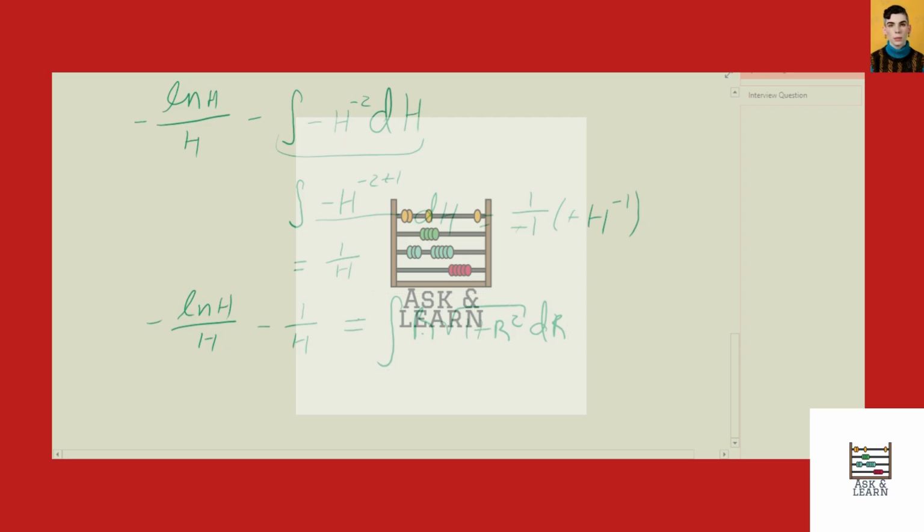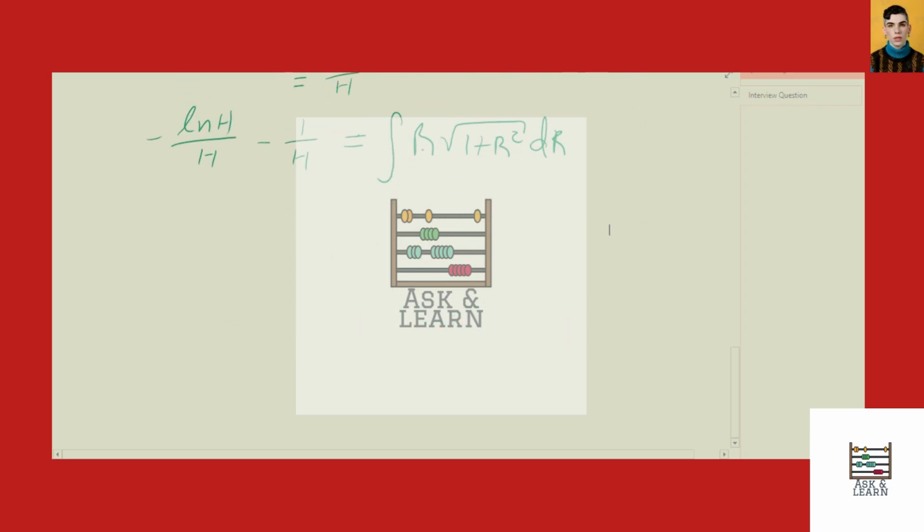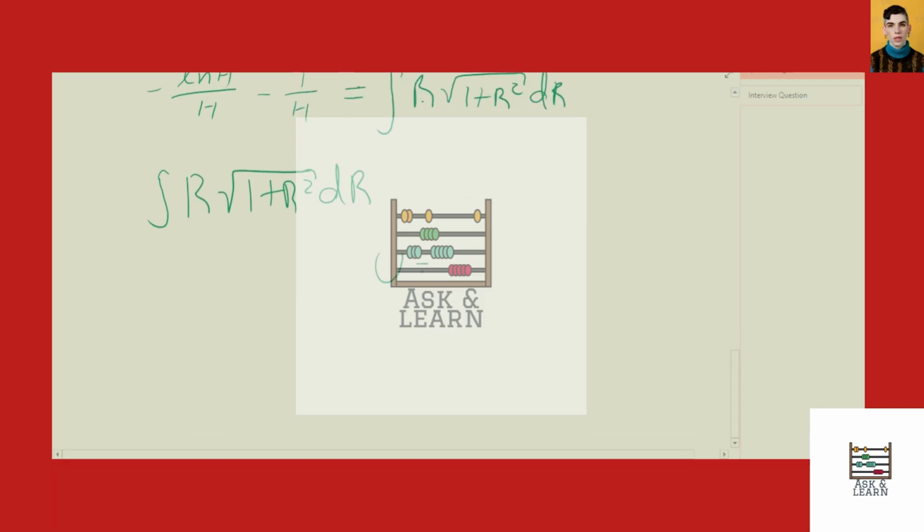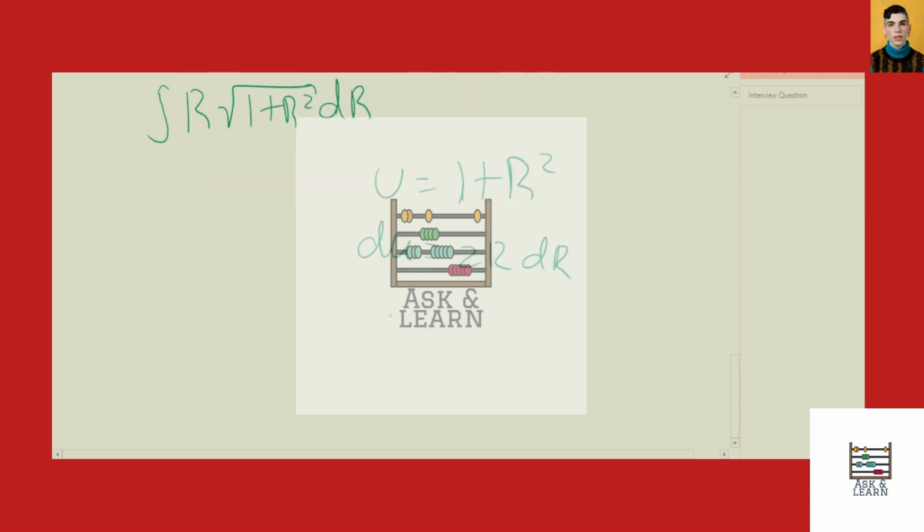This end is actually a lot easier because you don't have to use integration by parts. We can actually just use u substitution. So I'm going to use u equals 1 plus r squared, du equals 2r dr. And then we're going to have dr equal to du over 2r.